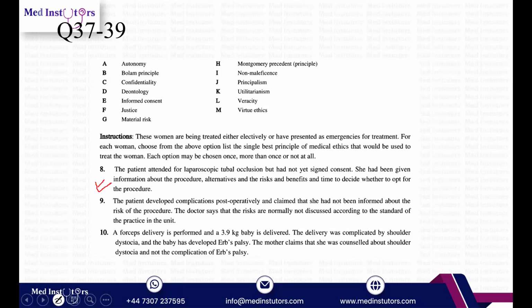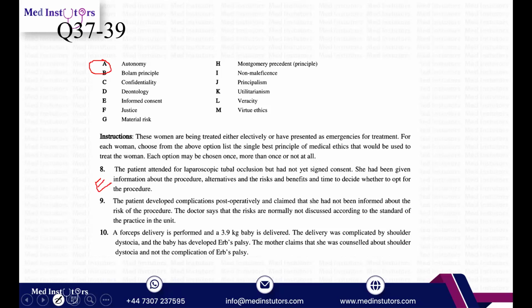So it's an informed procedure. Autonomy is correct just for the fact that she can choose, but why is it specific in this question? She has the autonomy to refuse it, but she is being told about the procedure. She's being told about the alternatives, the risks and the benefits, and given time to decide whether to opt for the procedure. But what is the next step that we have to take?